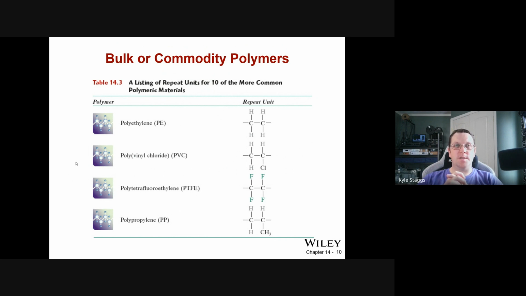PTFE, Teflon, is the trade name you'll recognize that as. Polytetrafluoroethylene. What that does is allow for all of those hydrogens to be completely substituted with fluorines. What that does is really prevent these materials from reacting with really much of anything, because fluorine, and chlorine to a little bit lesser degree, is not really interested in a lot of interactions.